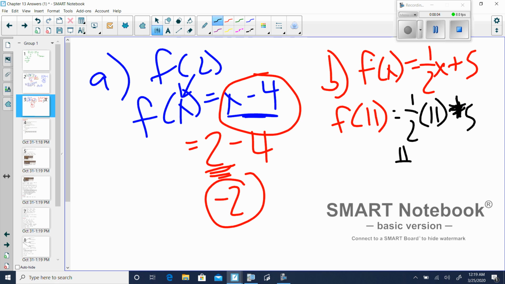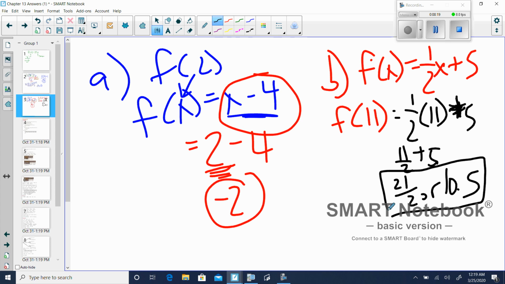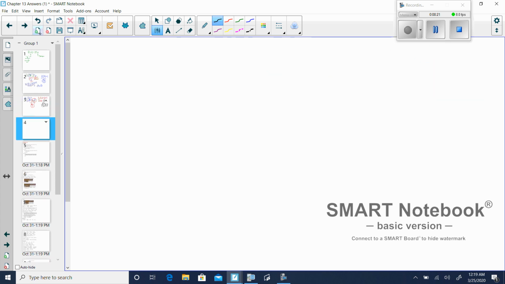So we have 11 halves plus 5. 11 halves is really 5.5. So that's really 21 halves, or 10.5.